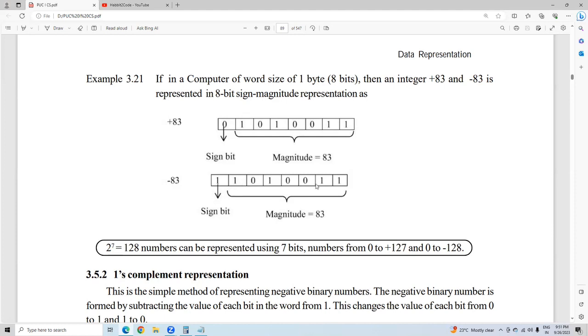Here, 10100011 is the representation of the number minus 83. In the sign bit, they have written 1, indicating that it is a negative number. If it is 0 in the sign bit, it is a positive number. If it is 1 in the sign bit, it is a negative number. Like this, it will be understood.